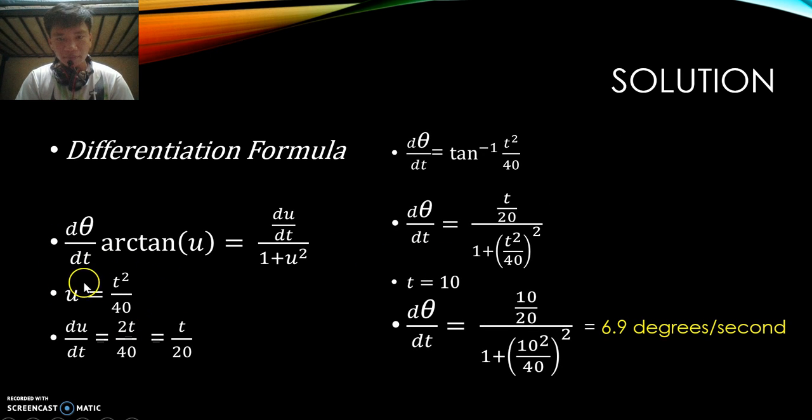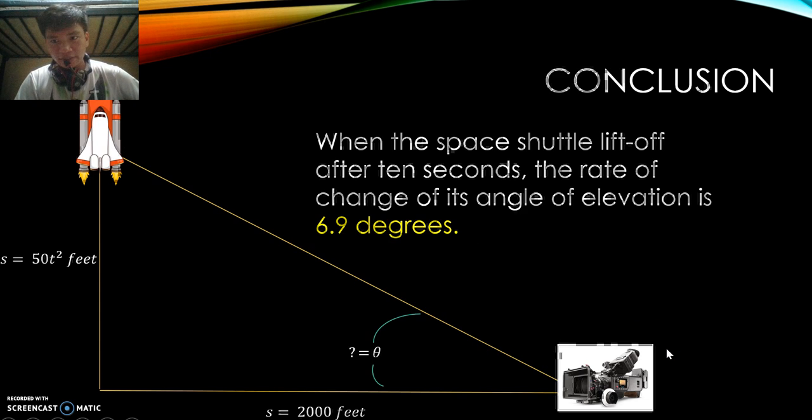Then we just square it. Our equation will be (t/20) all over 1 + (t²/40)². Then we substitute it in our calculator. Our answer is 6.9 degrees per second.